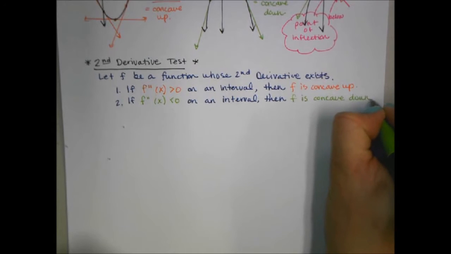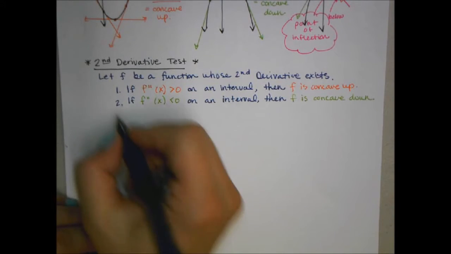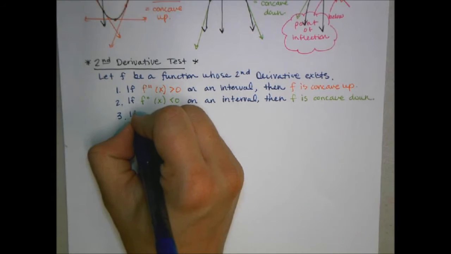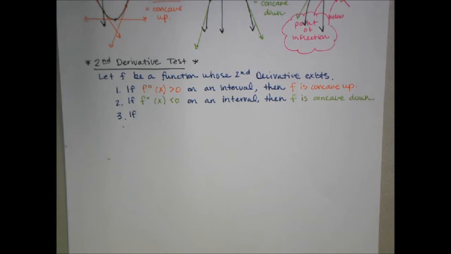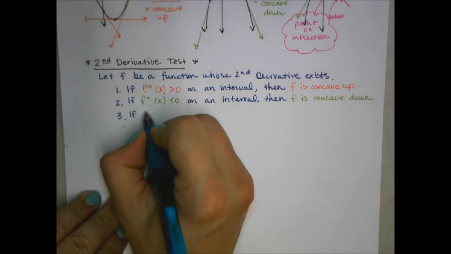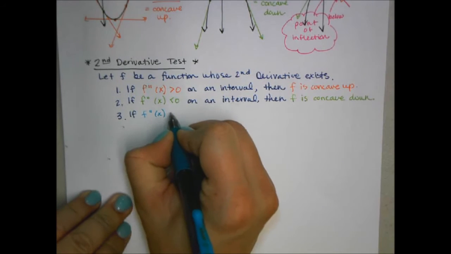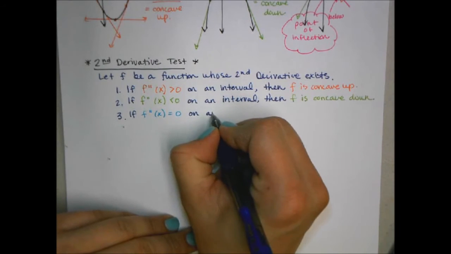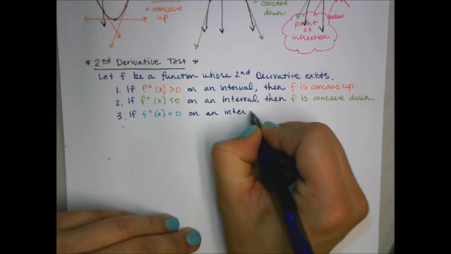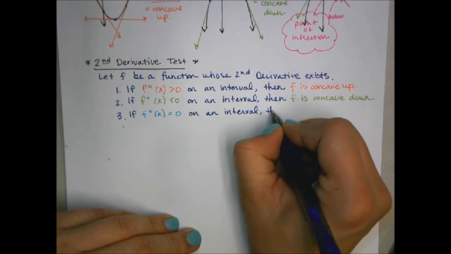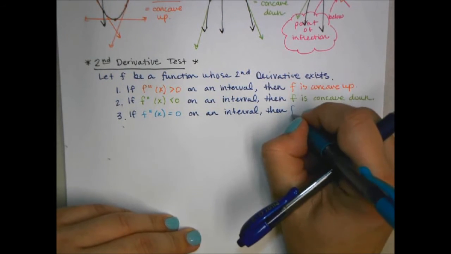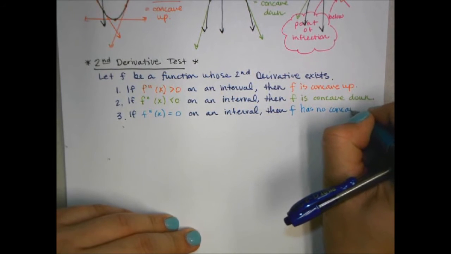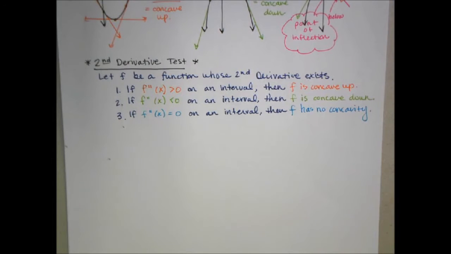The third case is that it's possibly a function that has no concavity. That would be if our second derivative were equal to 0 on an interval. That's our second derivative test.